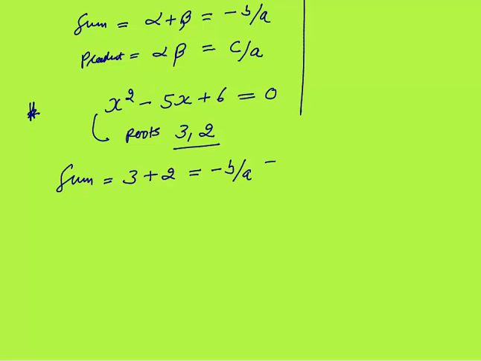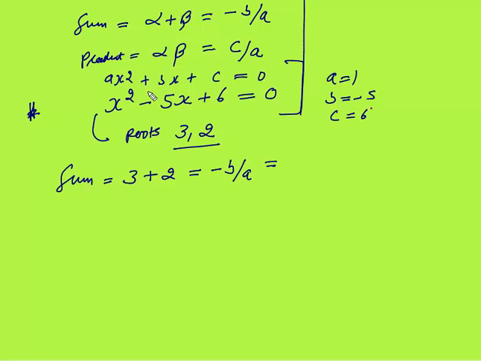Let's check it. What is b here? If you compare this equation ax square plus bx plus c equals to 0, what you will get? You will get a as 1, b as minus 5 and c as 6.